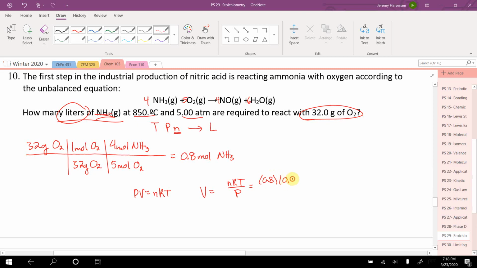0.8, ideal gas constant, 850 plus 273 is 1123, over pressure, 5.